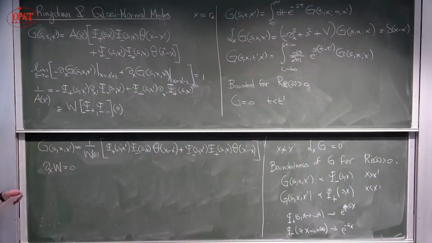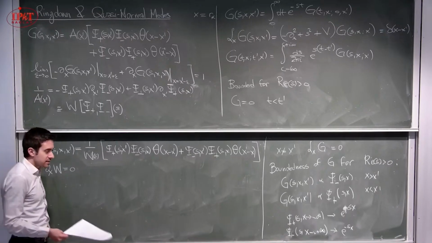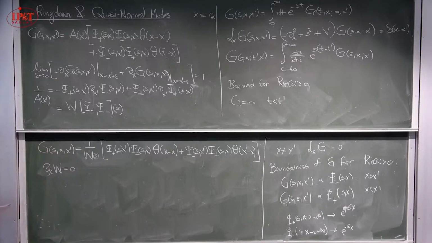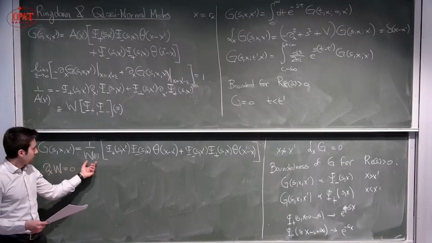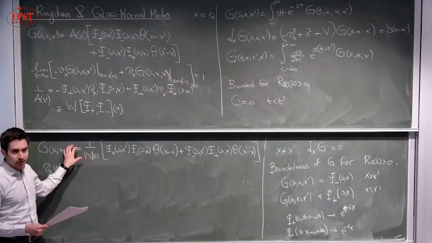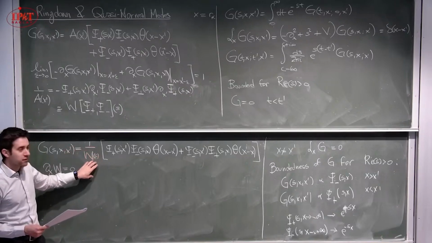So, in the end, you see that we are interested in understanding the analytic properties of the Green's function. This is what, in the end, will give us these quasi-normal modes. And let's start by focusing on the poles of the Green's function, so the roots of this Wronskian.